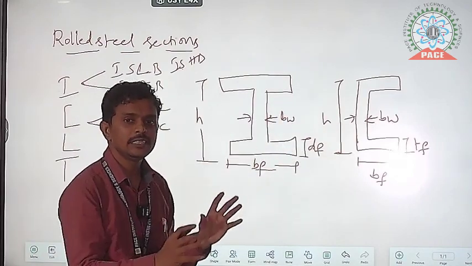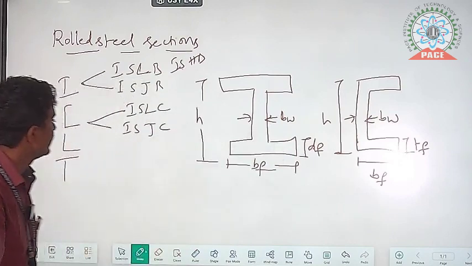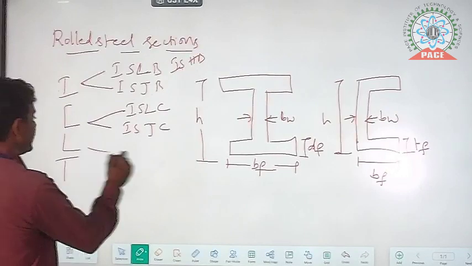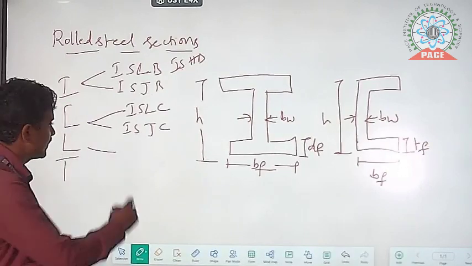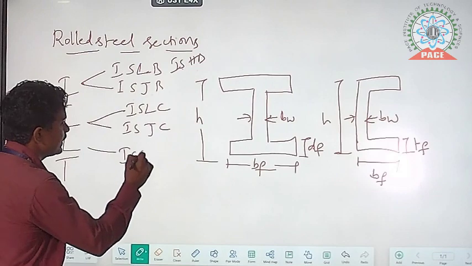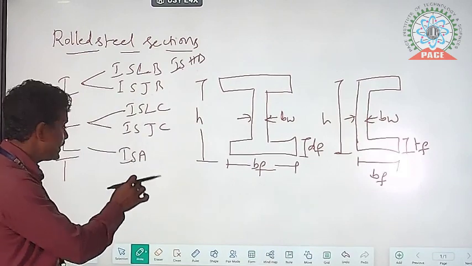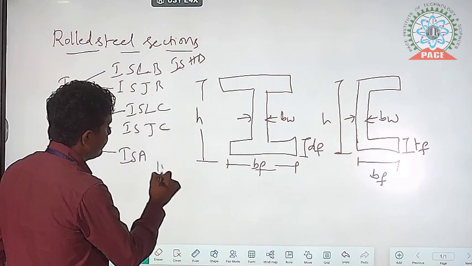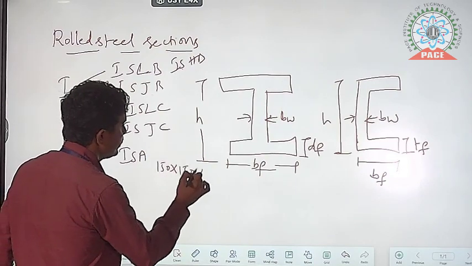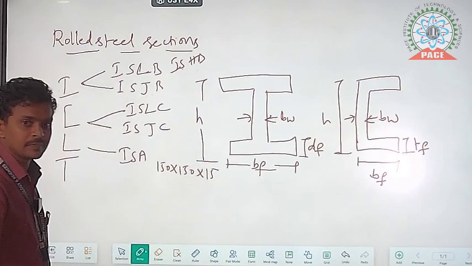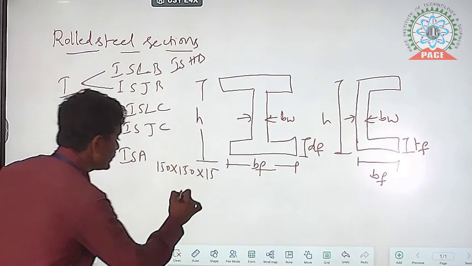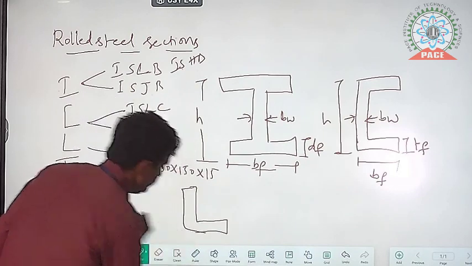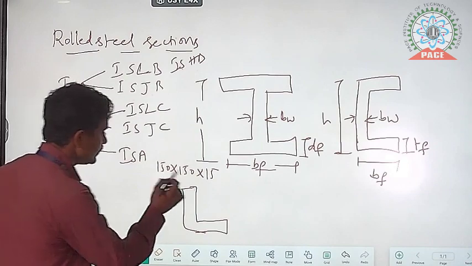Same way, angle sections also there. Angle sections means Indian Standard Angle, we can call it as ISA, and then next one 150 into 150 into 15, for example. 150 into 15 means what? For example, this is the L section. 150 means this is 150 mm, and next one this is also 150 mm.